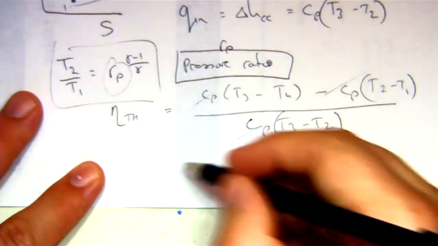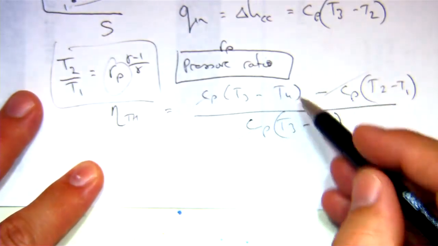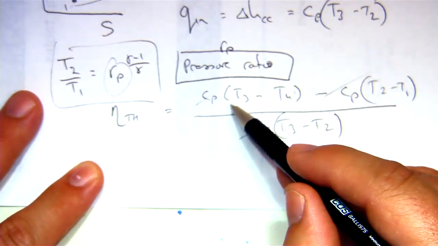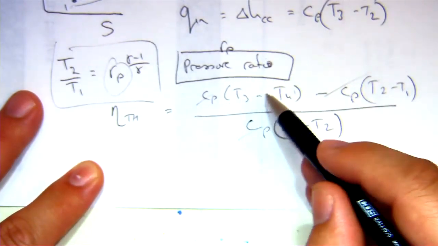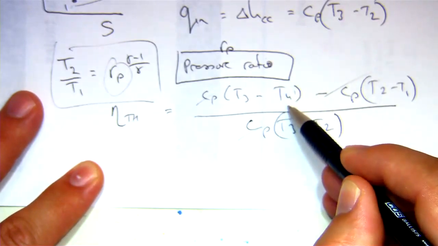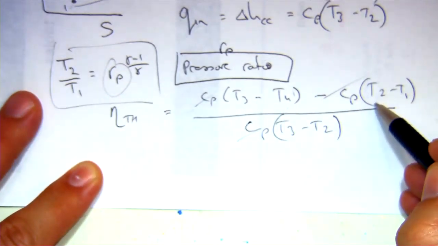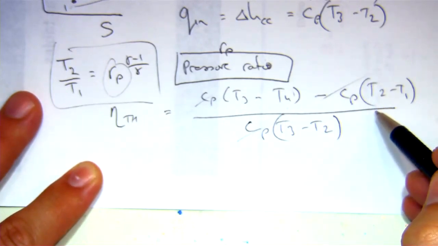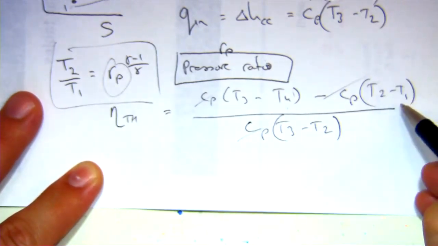So what we then do is I'm going to factor out, from here, my T3 and leave myself with 1 minus T4 on T3. From here, I'm going to factor out a T2, and leave myself with 1 minus T1 on T2.